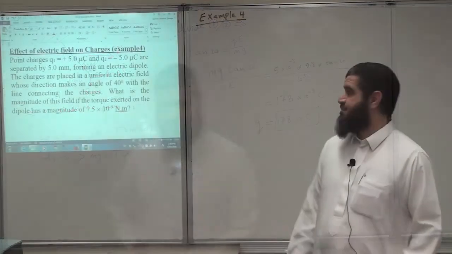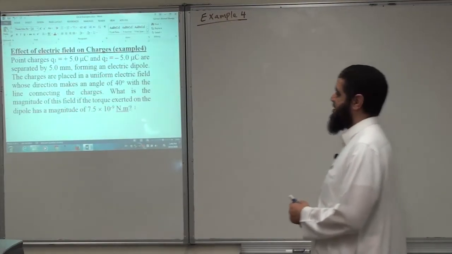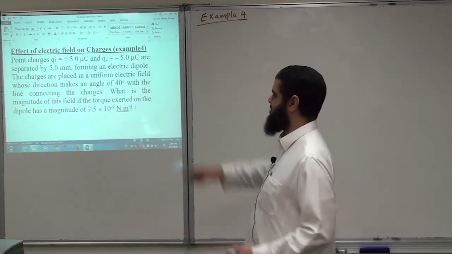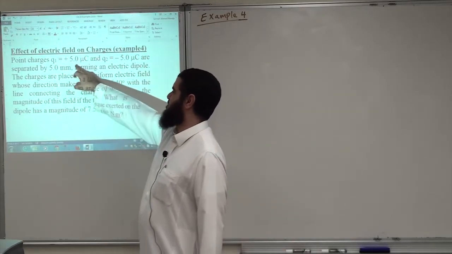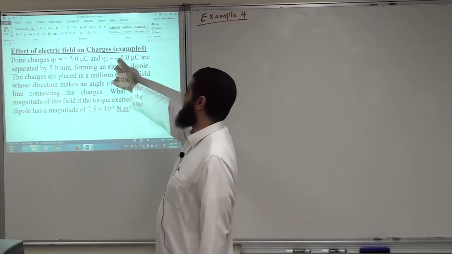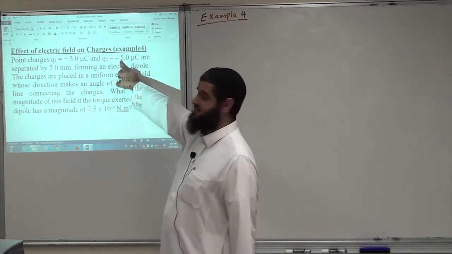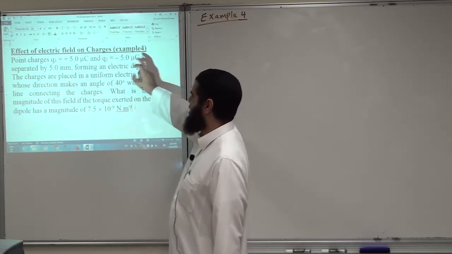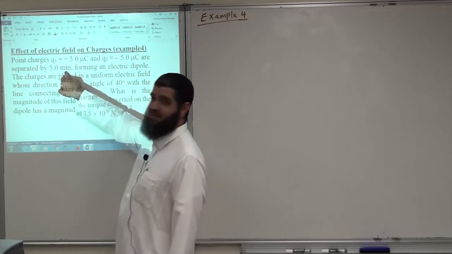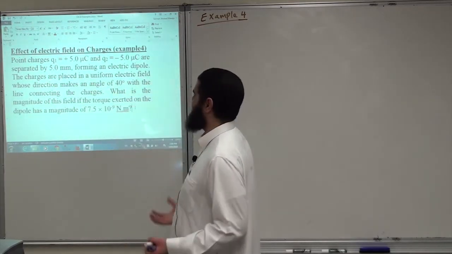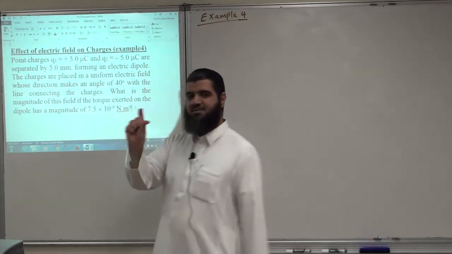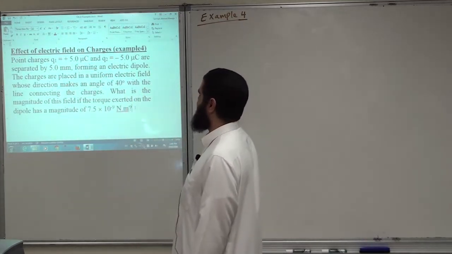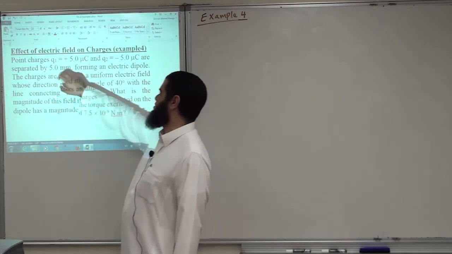Thank you. This is another example, but here we have a dipole. What is the effect of electric field on a dipole? Point charges Q1, plus 5 microcoulomb, and Q2, which has the same magnitude but opposite sign, minus 5 microcoulomb, are separated by 5 millimeter. So this is a dipole. What is Q of the dipole? It is 5 microcoulomb. What is d, the separation between the two charges? It is 5 millimeter.